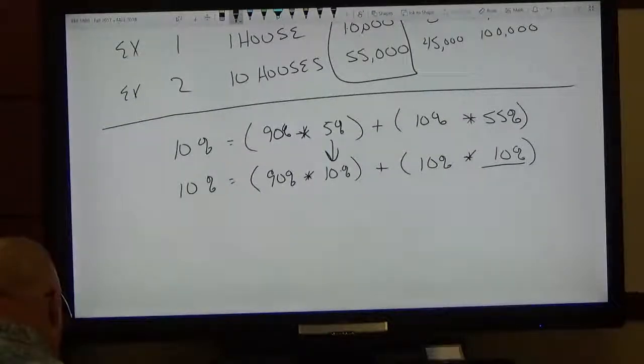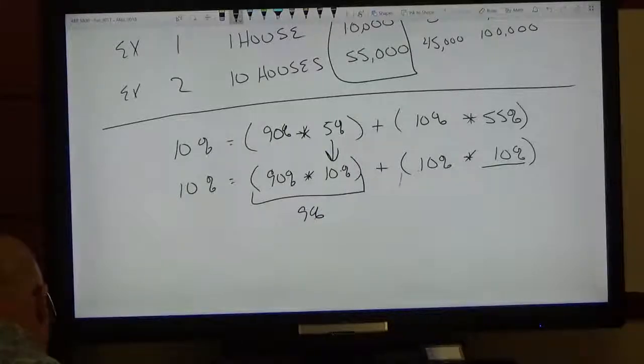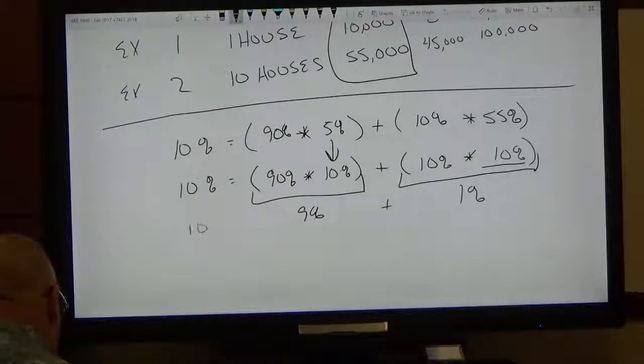How do you back solve for the 10%? Just think of it as the opposite of forward solving. Forward solving is taking this times this, which is 9%, and this times this, which is 1%, so that plus that gives you 10%.